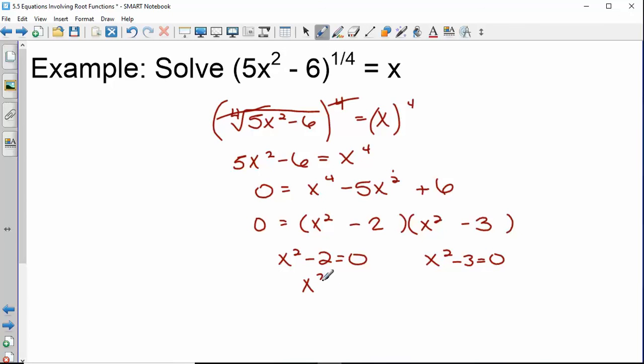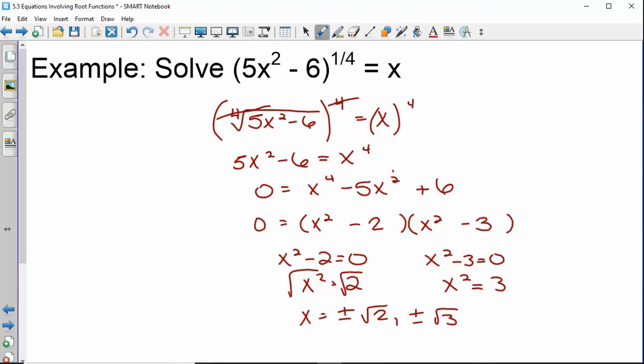So we get x squared equals 2, x squared equals 3, square root plus and minus, so x is plus and minus radical 2, plus and minus radical 3.